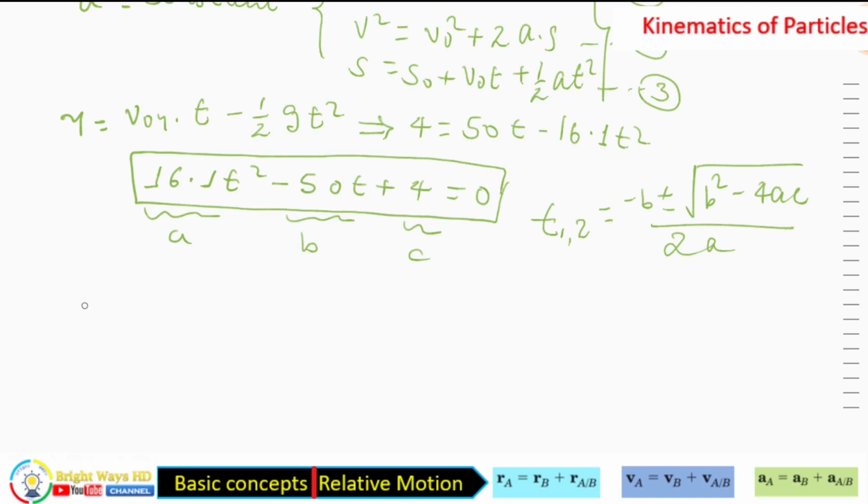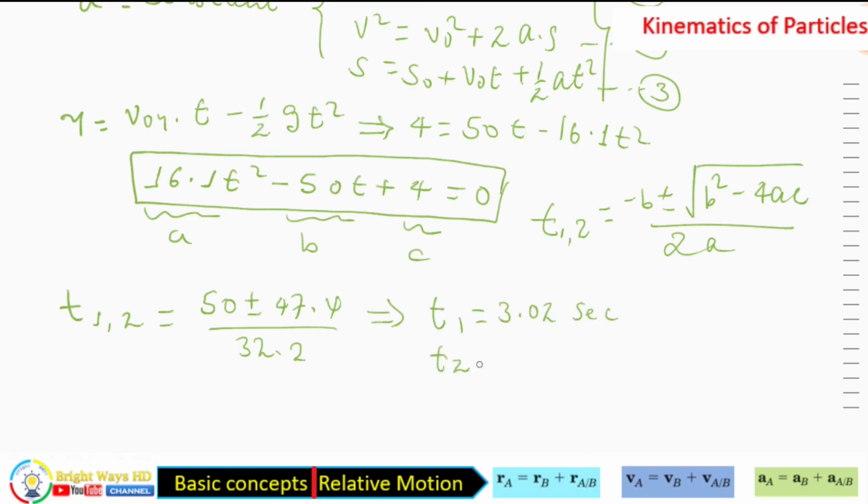Once we substitute the numerical values, we get that t1 and t2 will equal 50 plus or minus 47.4 divided by 32.2, which implies that t1 is equal to 3.02 seconds, and then t2 is equal to 0.08 seconds.